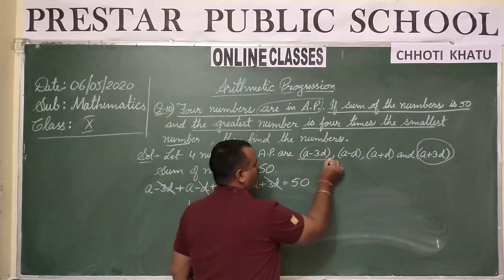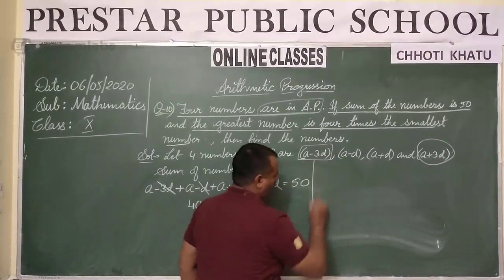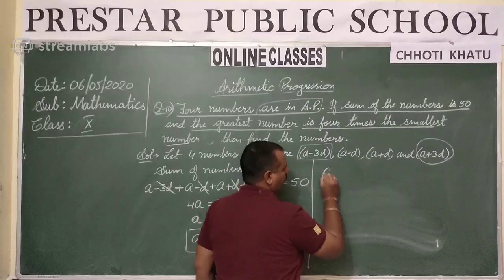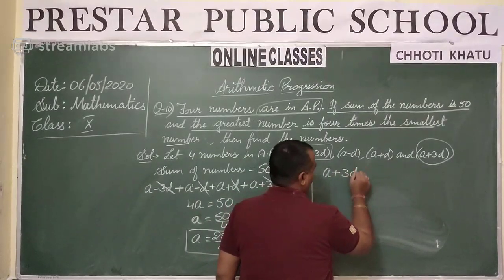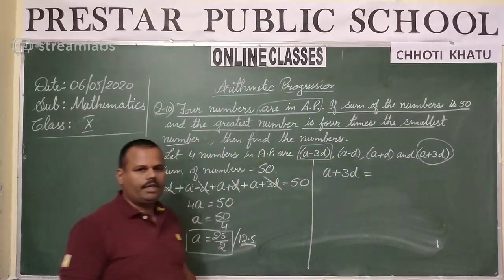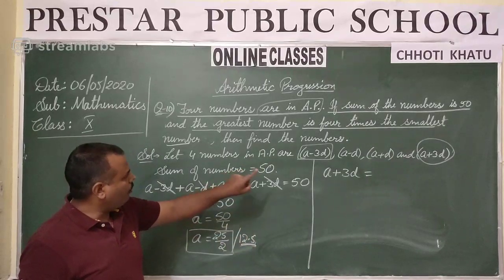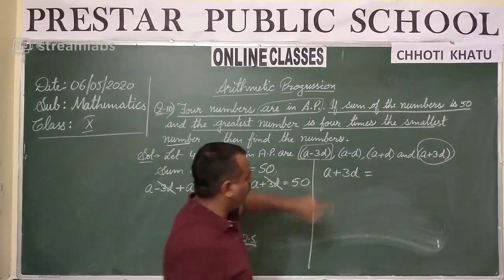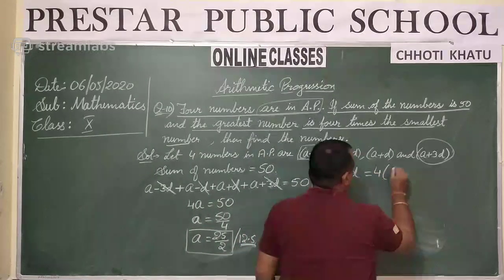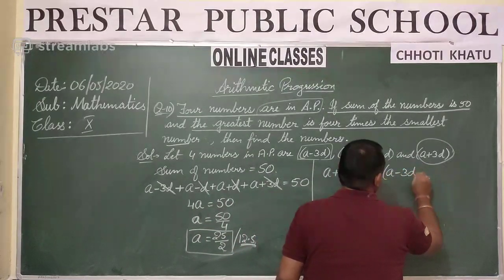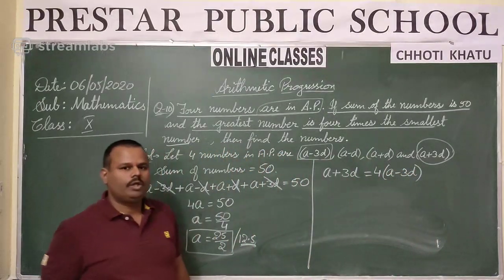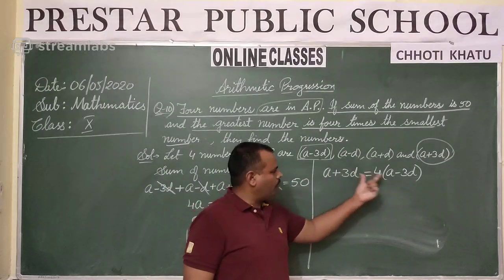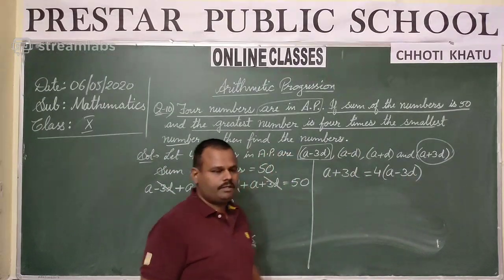Now the smallest is A minus 3D. So according to the second condition, the greatest number, that is A plus 3D, is equal to 4 times the smallest. That is 4 multiply A minus 3D. So A plus 3D equals 4 multiply A minus 3D.